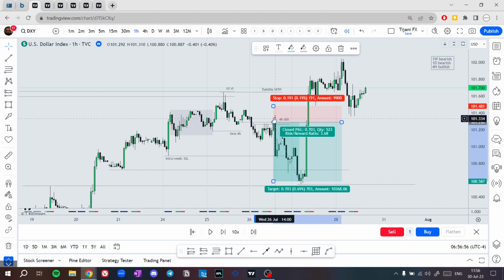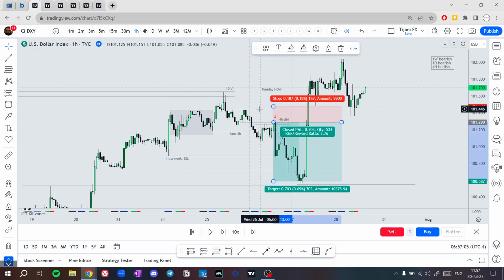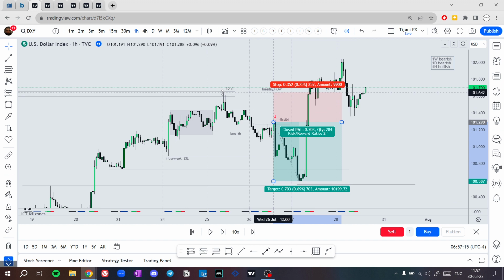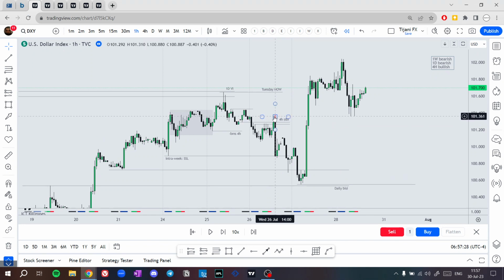So I'm going to enter, maybe push my stop loss above this high. But if you see above this high, there is buy side liquidity and equal highs. So maybe price could just take this high, take me out, then drop lower because of the news. We're going to have big volatility, so it is better to put your stop loss above this high. I don't enter at that time, so for me, I'm not going to take this trade. But if you do, this was a good entry if it wasn't FOMC.